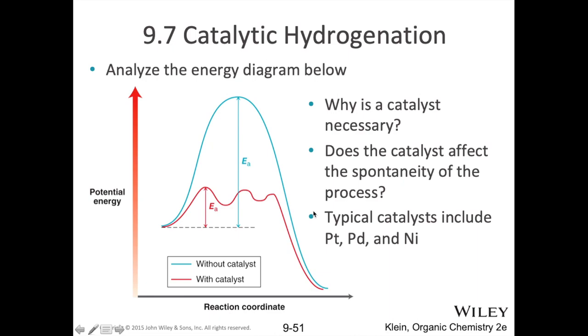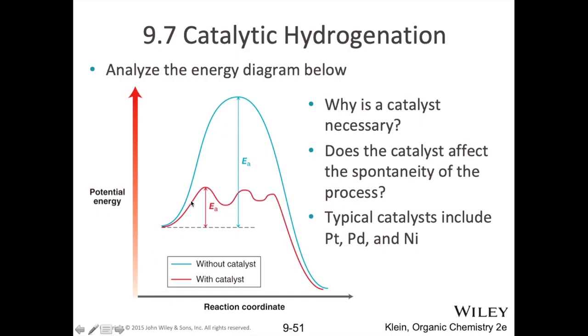All right. So adding a hydrogen molecule across an alkene is actually a highly energetic step, right? There's a large activation energy for that direct reaction. So instead, we need to use a catalyst to make this reaction happen.